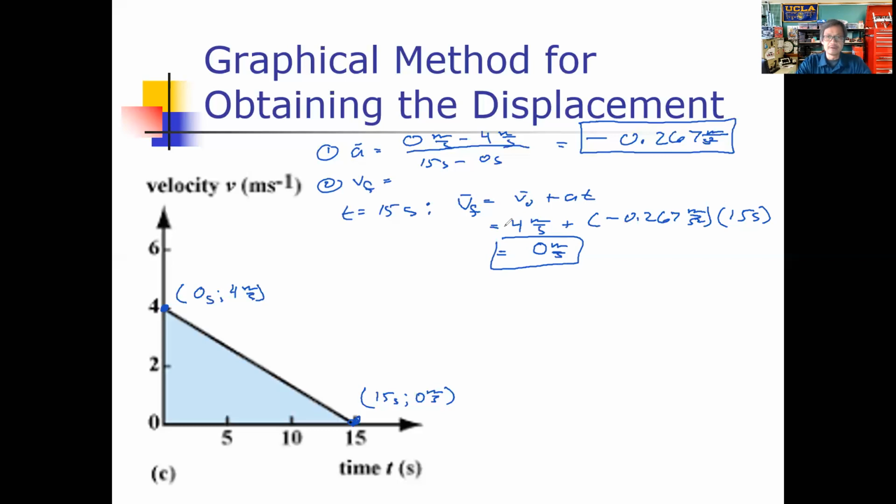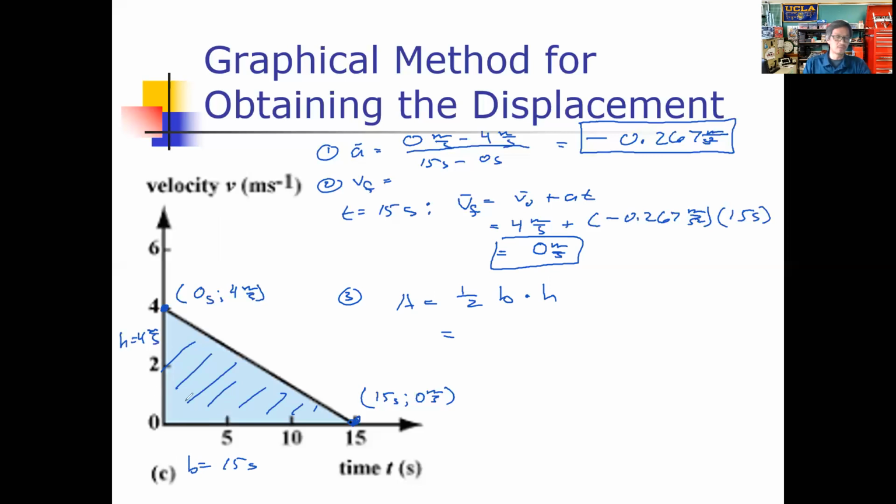Okay, very good. Let's go ahead and solve for the displacement. The displacement is going to be the area underneath this triangle right here, so the area is 1/2 base times height. We'll take the base as 15 seconds, so the total base is 15 seconds. The height is still 4 meters per second.